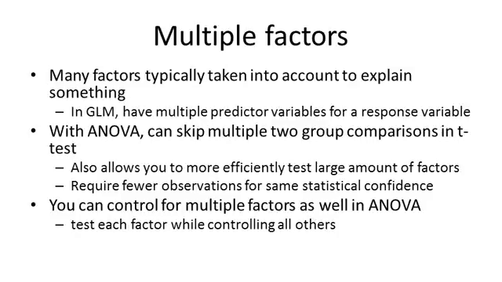It allows you to more efficiently test large amounts of factors, and due to the design of ANOVA, you actually require fewer observations to get the same statistical significance or p-value that you would need from the t-test. You can also control for multiple factors in ANOVA and basically test factors while controlling them for given conditions that we'll discuss later.